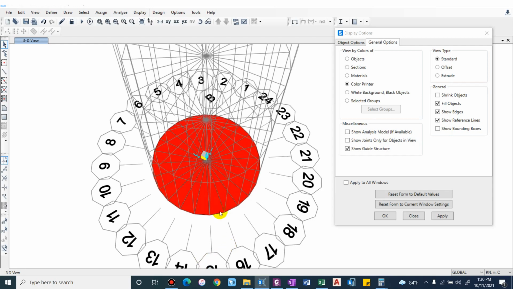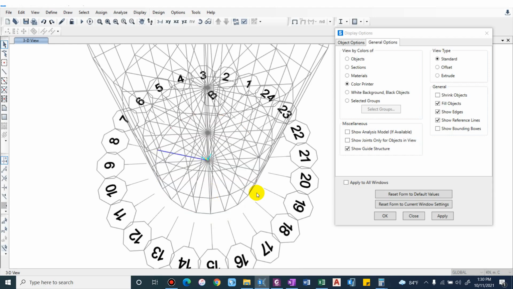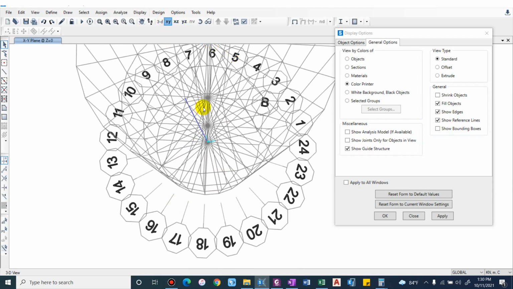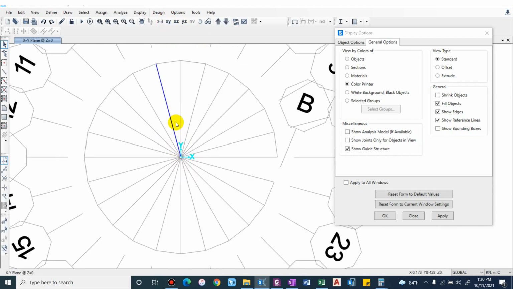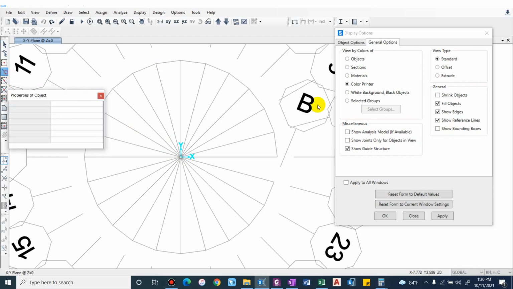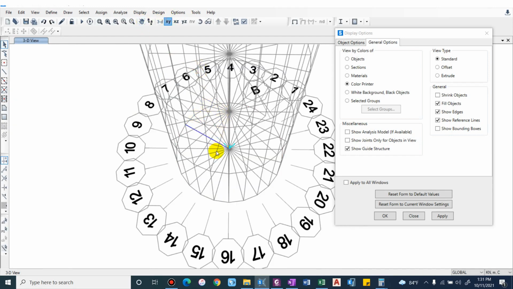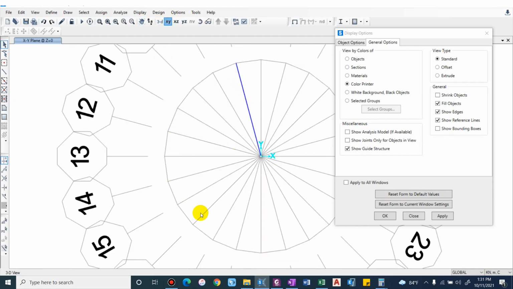For that, what I have to do is, if you remember what I did before drawing this element, I drew from this point to this. Okay, let me show you once again. If I'm selecting from this point to this point, basically here the extrusion is in anti-clockwise direction.